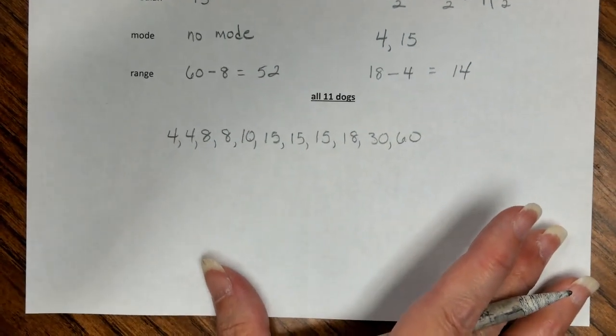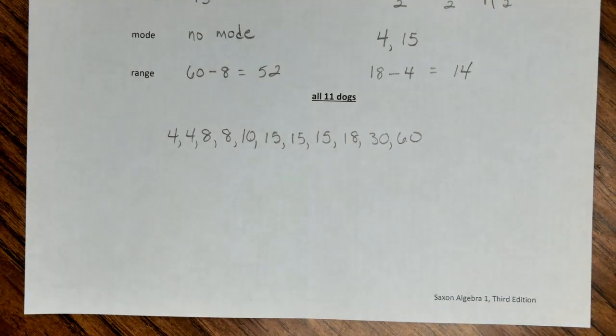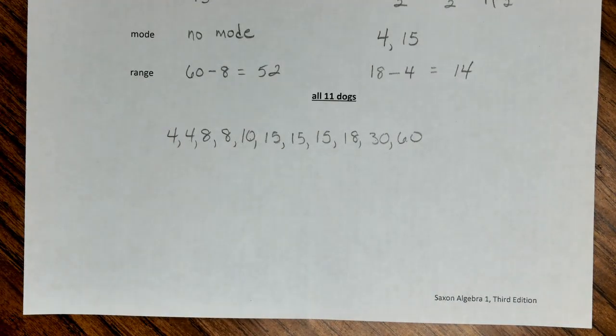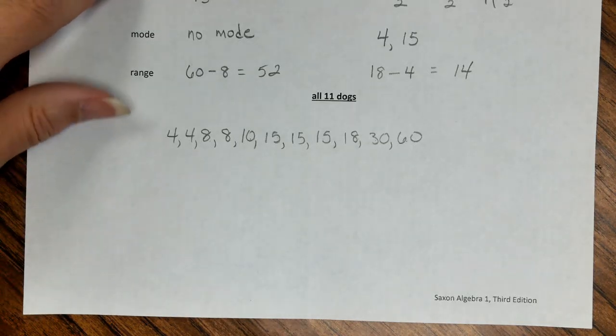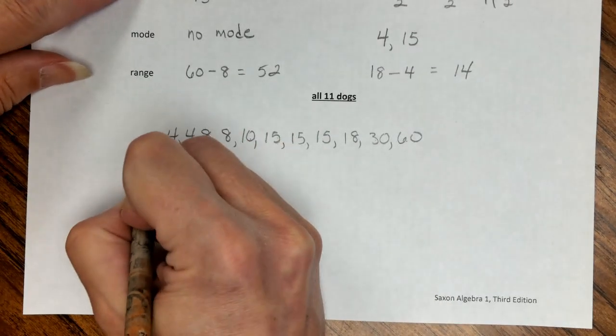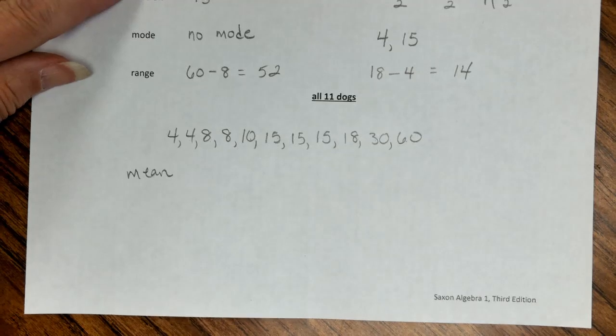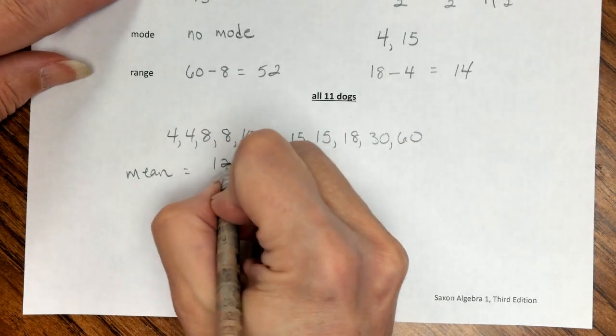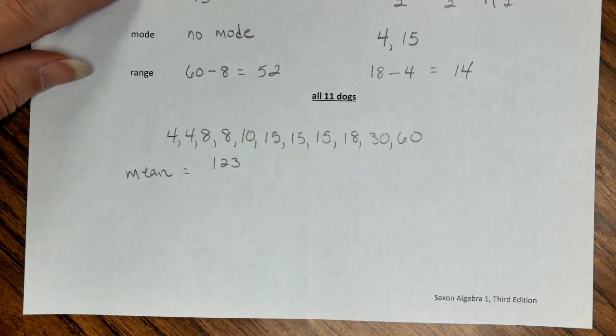And we'll just do these in the same order they were up above there. So we'll need to do the mean. Now, since I've already added these numbers in stages up top, I don't have to add them all up all over again. The total for the first 5 dogs had been 123. So for the mean, the total of all 11 numbers will be 123 plus the total from the 6 dogs, and that was 64.